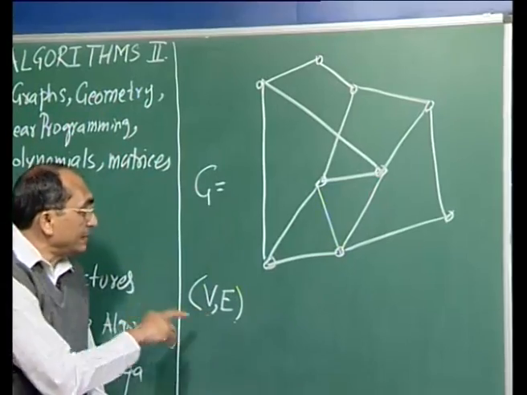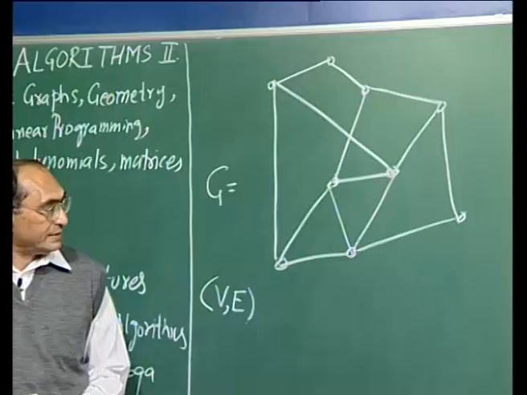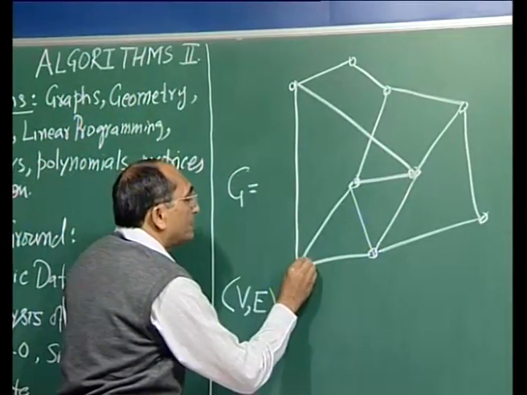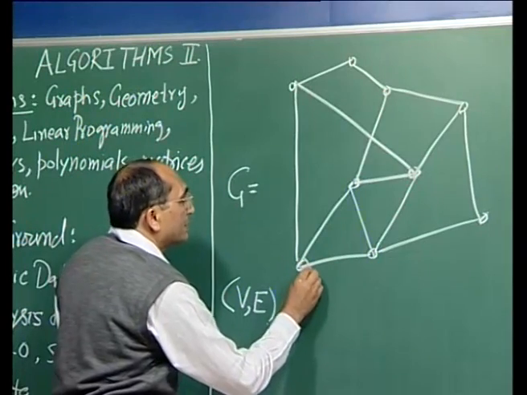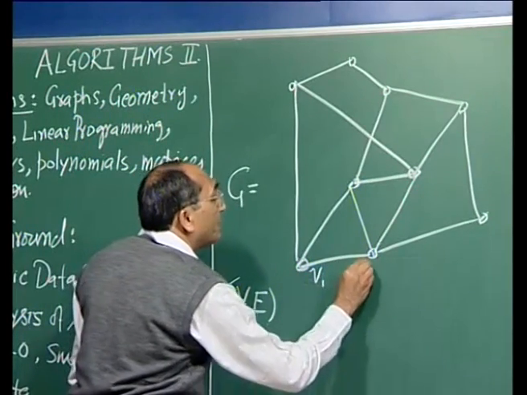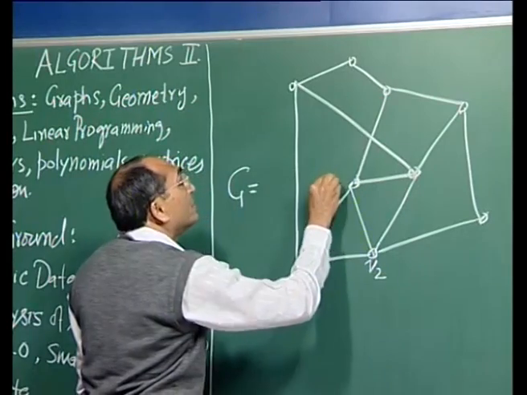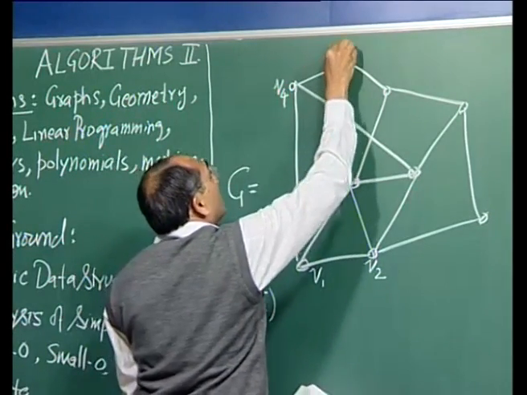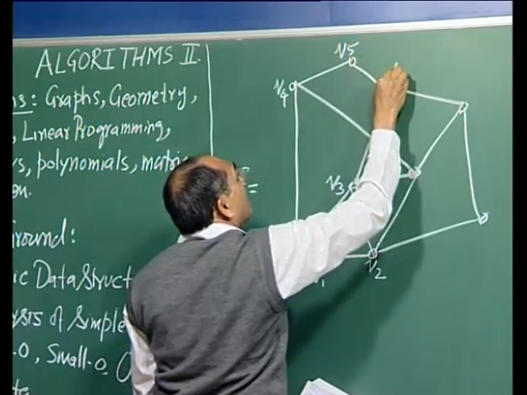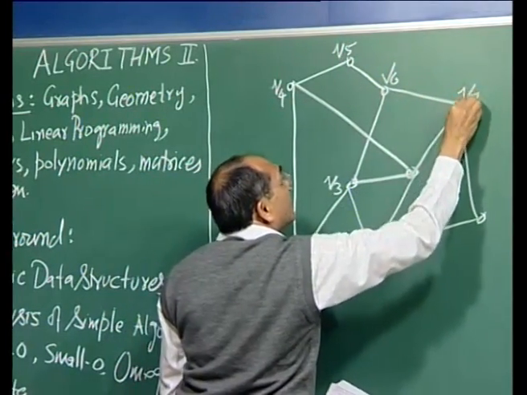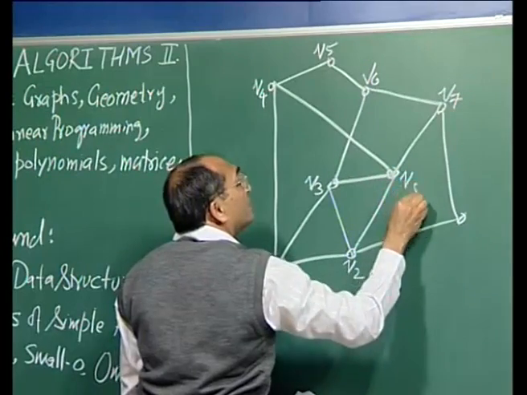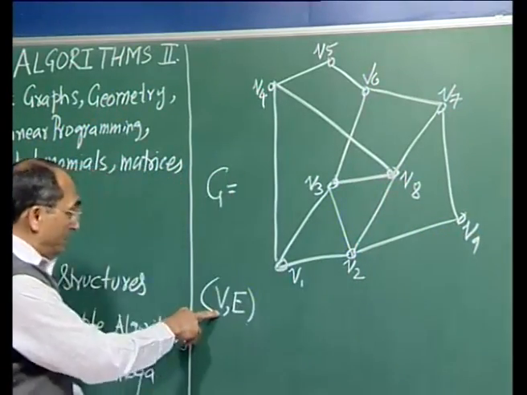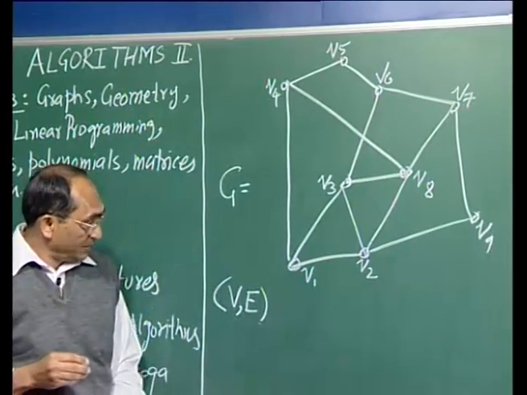V stands for vertices and E stands for the edges. In this representation, the circles are vertices, which I might label as V1, V2, V3, V4, V5, V6, V7, V8, and V9. So, the elements of V are V1 through V9.